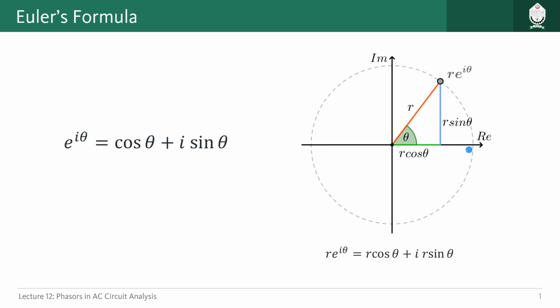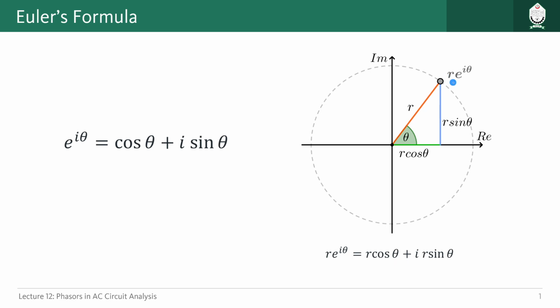Horizontal axis is the real one and the vertical one is the imaginary axis, and in the original equation we have just added a modulus r, so it will be multiplied with the real portion and also with the imaginary portion. So in that case, the horizontal length is r cos theta and the vertical length is r sin theta, right? And the length here in the polar form is r, and the angle with the horizontal axis is theta, right? Then the value we are getting at this point is r e to the power i theta.